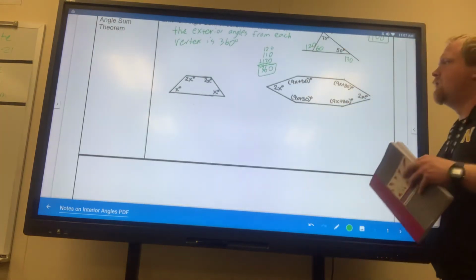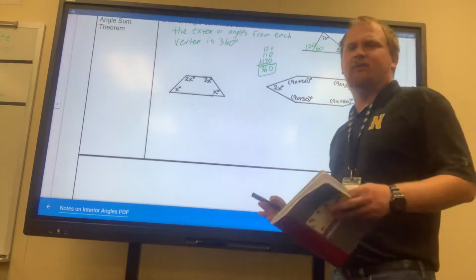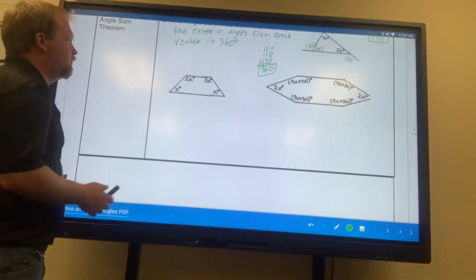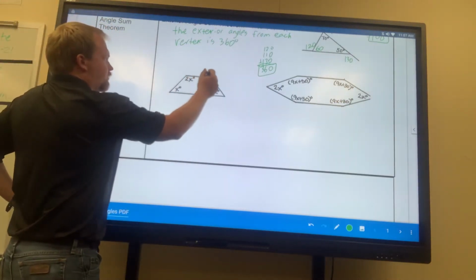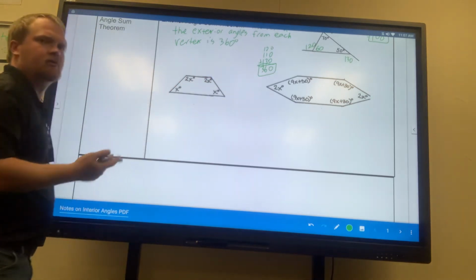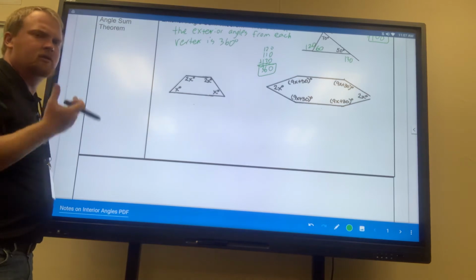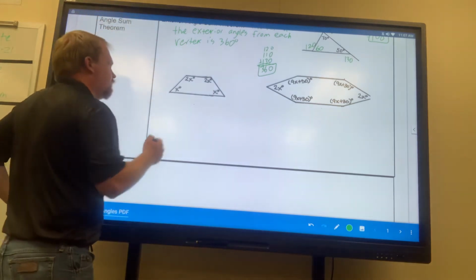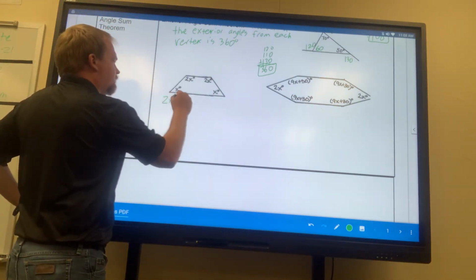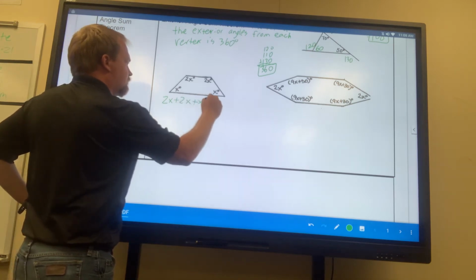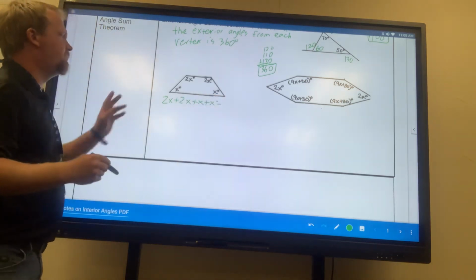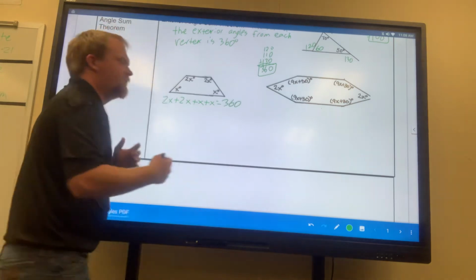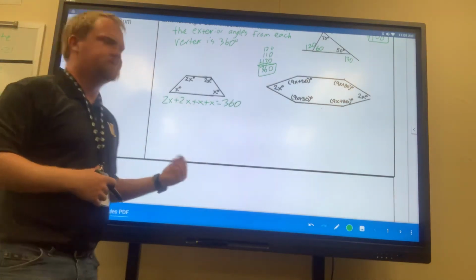Now, how about when it comes to finding interior angles? Let's talk about finding interior angles, especially for each one. So notice here, we've got 2x, 2x, x, and x. I want to be able to find the angles. So what I want to do is add these up and set it equal to 360, because that's the total angle of a quadrilateral.